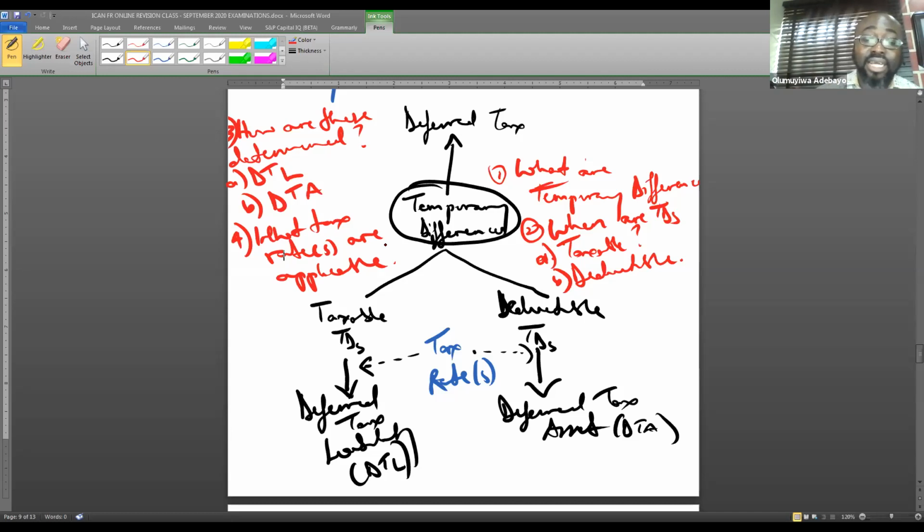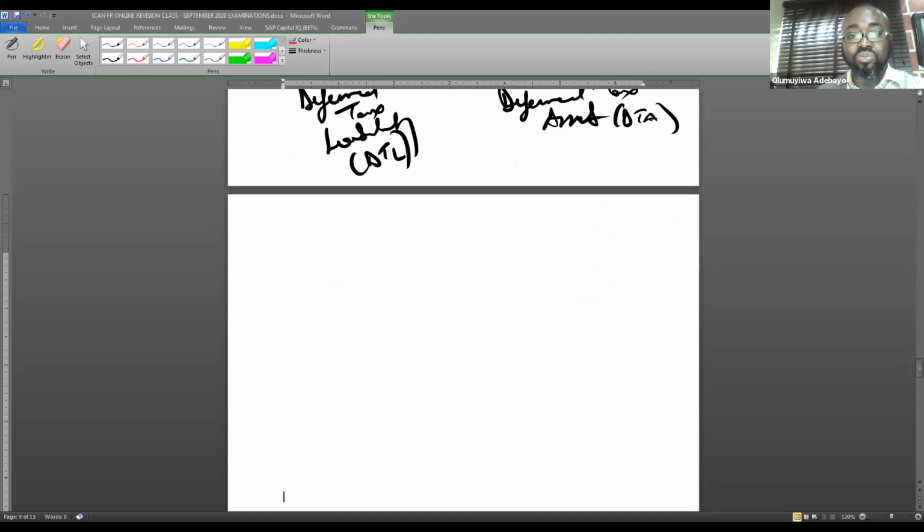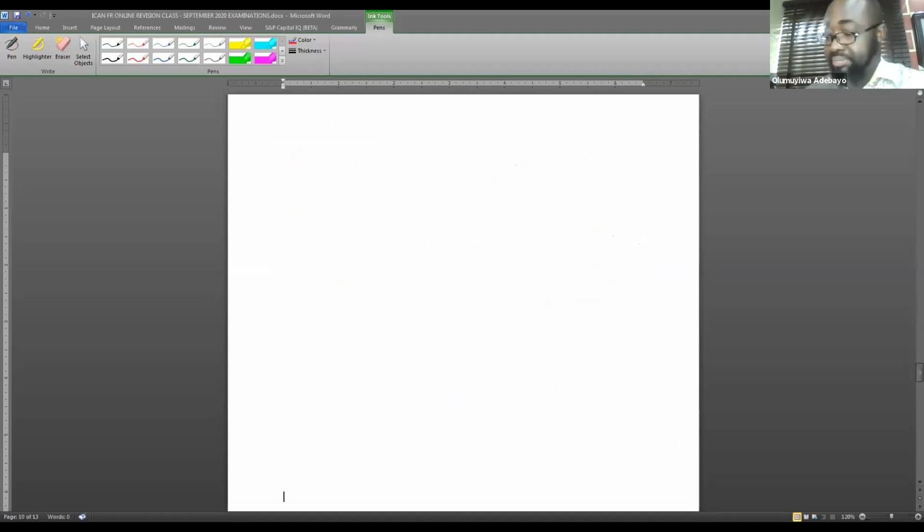And when it is taxable and I apply the normal rate of tax, what I obtain is deferred tax liability. But when it is deductible, and I apply the appropriate rate of tax, what is being obtained is deferred tax asset. Therefore, to answer these 4 questions, we'll go in this order.